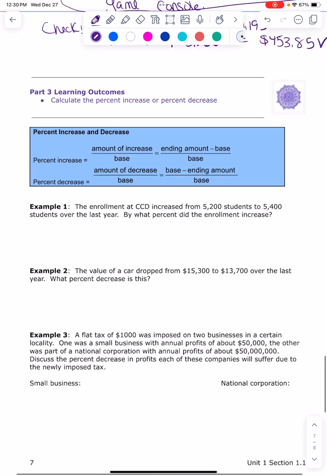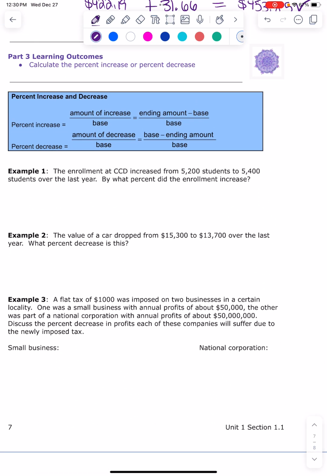And now the other 2 types are percent increase, percent decrease, but it's easy to know that those are what you're doing because they always have the words increase and decrease in them. So if you see those words increase or decrease in a percent problem, then you know that you are dealing with a percent increase or percent decrease.